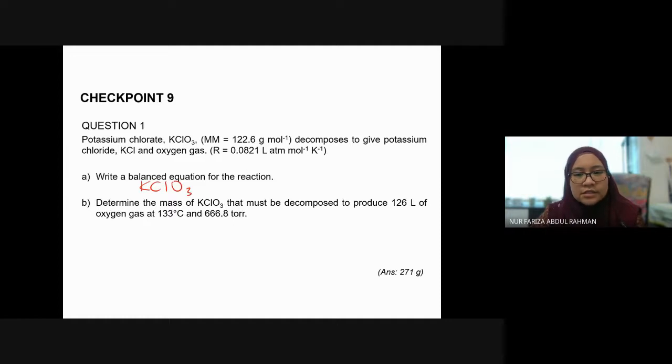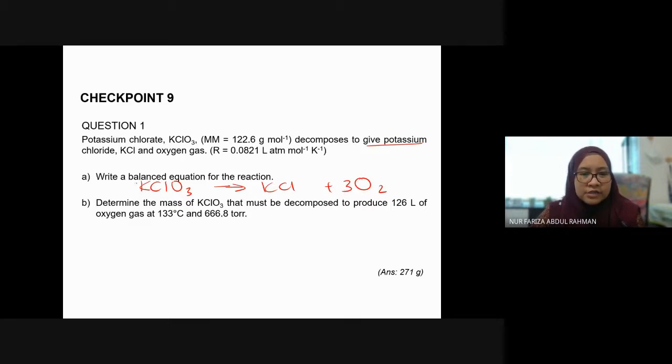KClO3, they mention here that it will decompose into potassium chloride and oxygen gas. So it should be O2, not O. Oxygen gas must be in O2 form. All right, and then we balance it out. So KClO3, here is 3, here is 2, so we add 3 here, so it becomes 6.